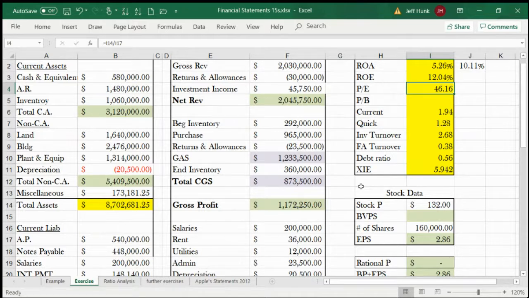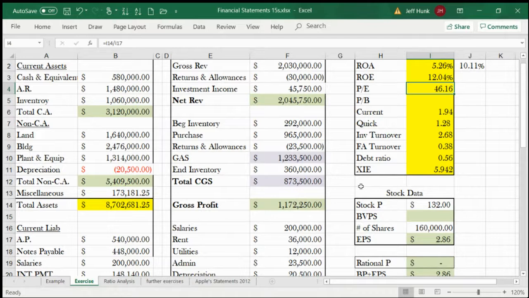But overall, across the U.S. economy, which is represented by the S&P 500, on average, it has a price earnings ratio of about 20, right?